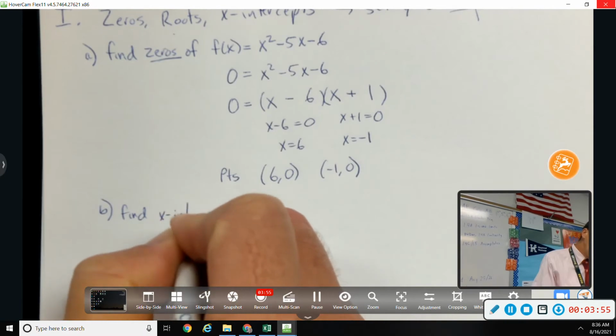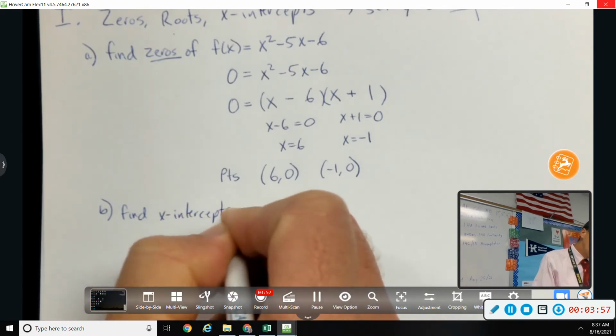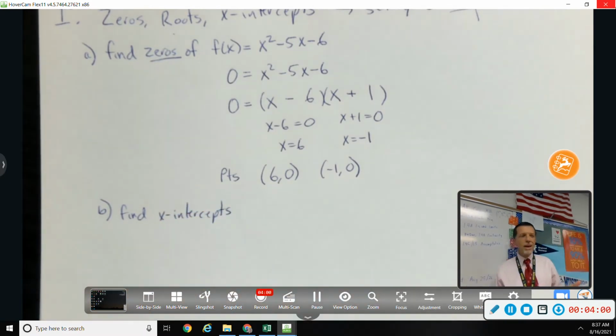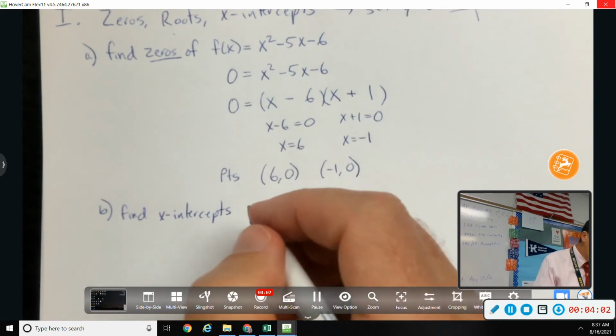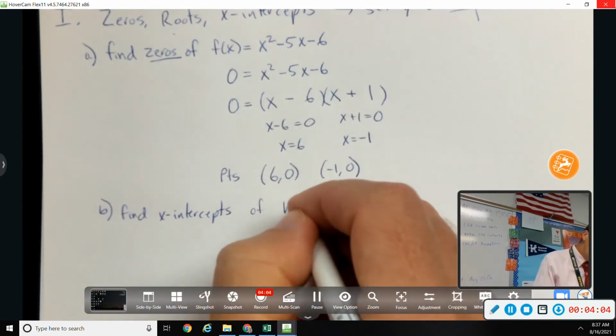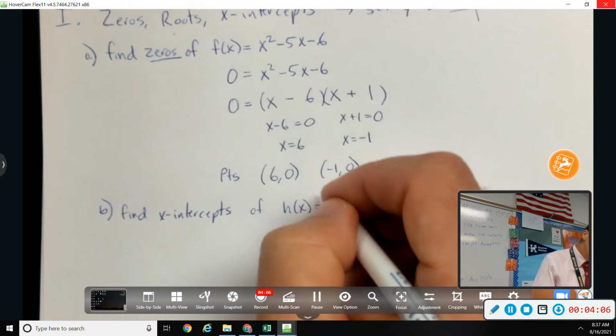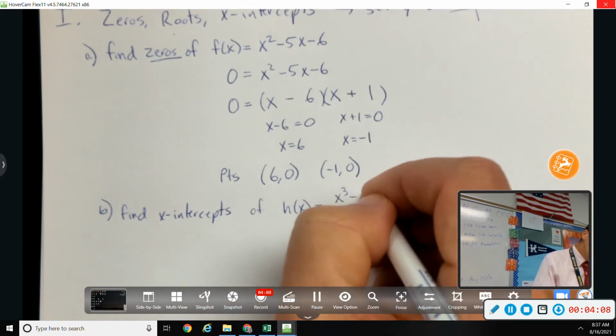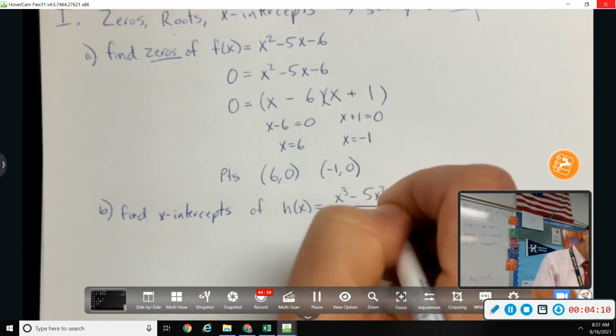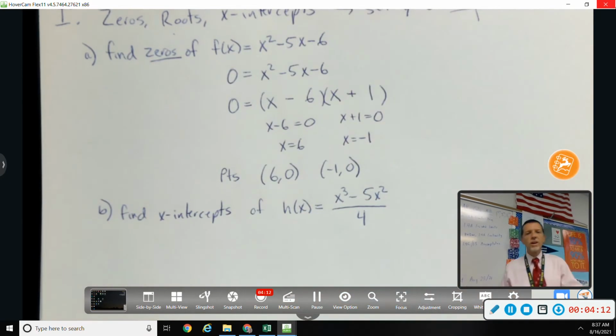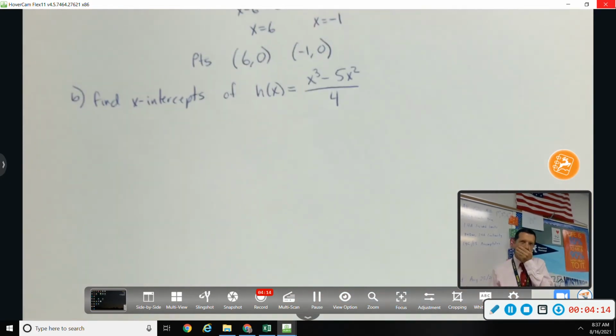Let's find the x-intercepts. It's the same thing. We're just working on calling it different things. H of x equals x cubed minus 5x squared over 4. So this one's a little bit harder.